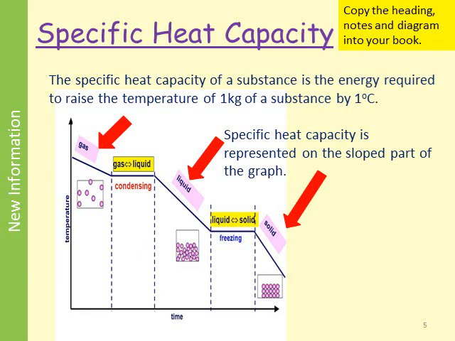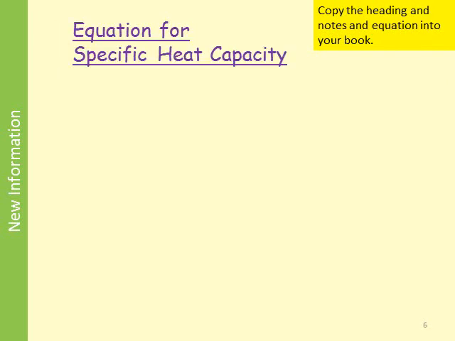Now these red arrows here are showing the specific heat capacity, and that is represented on the sloped part of the graph.